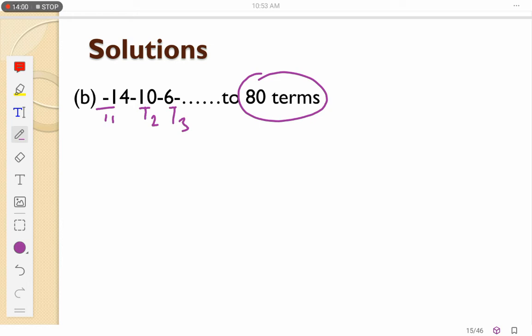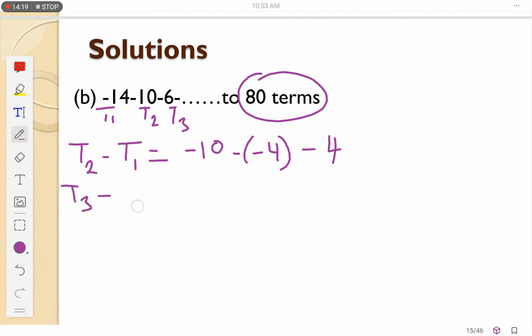So we do the same. I'll say T2 minus T1. What do I get? I'll get minus 10 minus 4, what do I get? I'll get a 4. Let's go to the next one. I'll have T3 minus T2.